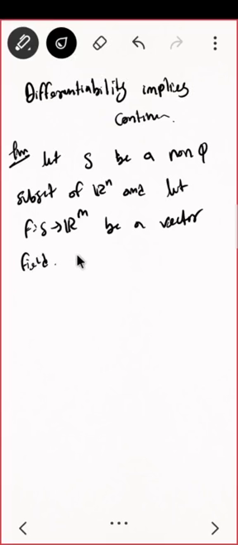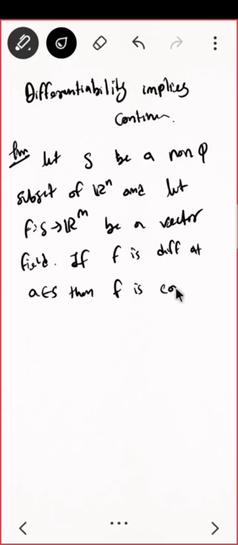If F is differentiable at E belongs to S, then F is continuous at E. Okay, this is what you are supposed to prove.